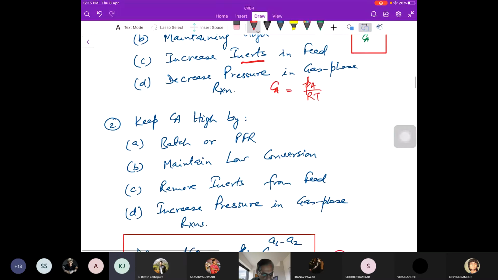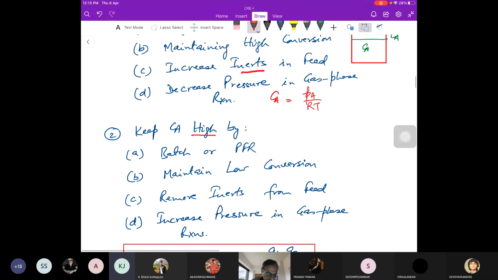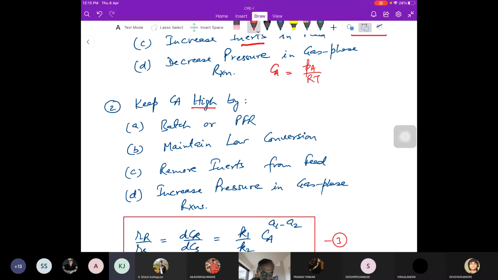So the second option is Ca high. If we want high Ca, how can we achieve it? We have seen that in a PFR it is always high concentration, as we saw yesterday also.